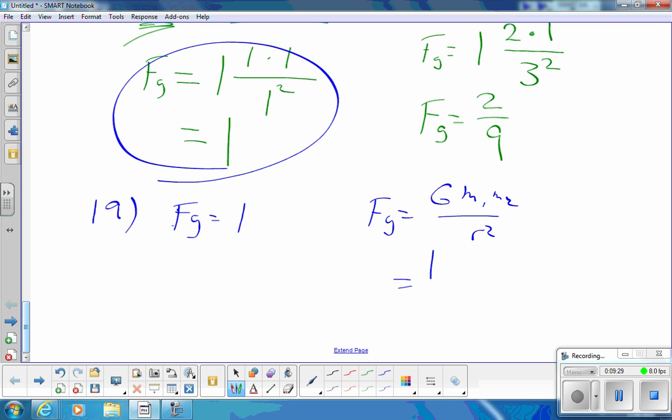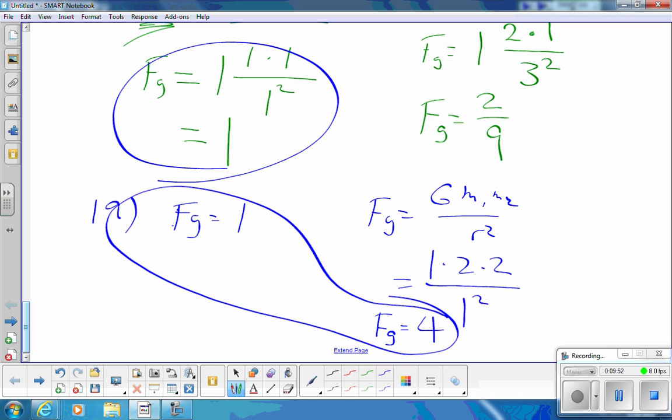In number 19, they doubled both masses. So I've got times 2, because we doubled the mass, times 2, because we doubled the other mass, but they're still the same distance apart. That gives me a new gravitational force of 1 times 2 times 2 is 4, divided by 1 squared is 4. So again, the new force is 4 times the old one. Well, the old force was 20 newtons, so the new force is 4 times 20, which is 80 newtons, and we are done.